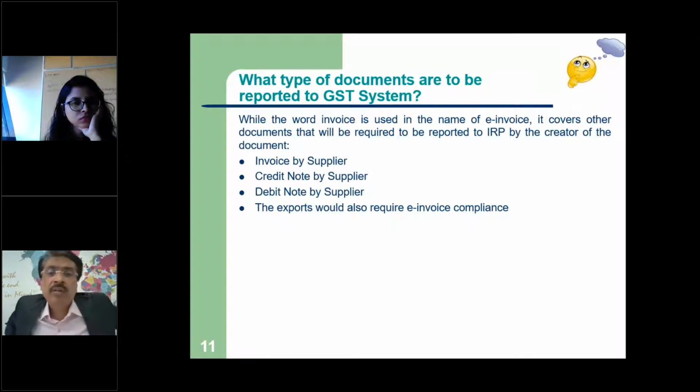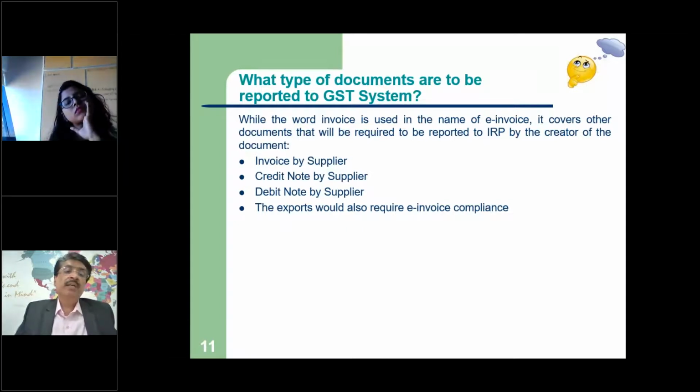The export would also require e-invoice compliance. The exports would cover not only the physical exports out of the country, but if supplies are made to SEZs, all zero-rated supplies would get covered by this e-invoicing. So the SEZ supplies, anyway, the SEZ units are registered with the GSTN portal, and they have a GSTN number.